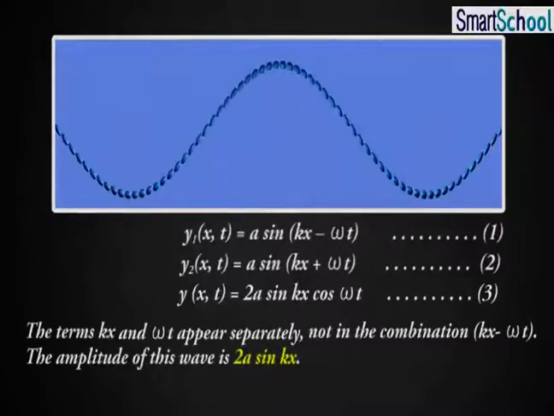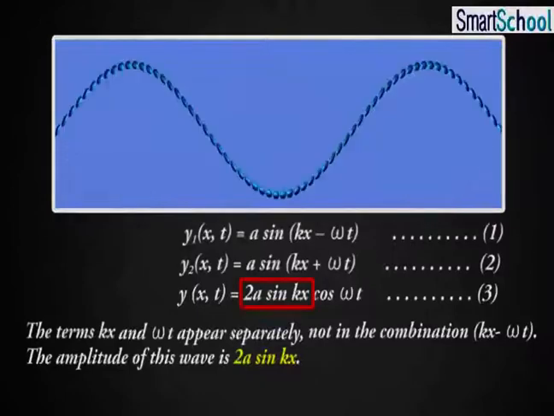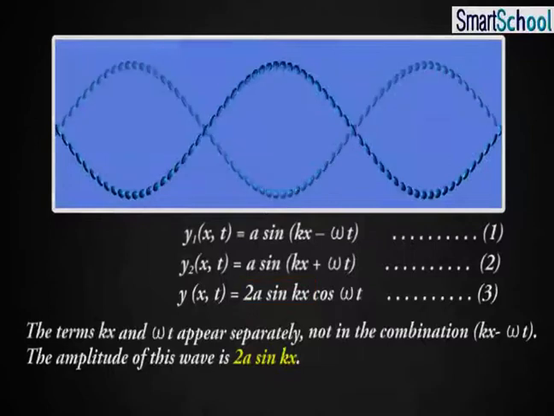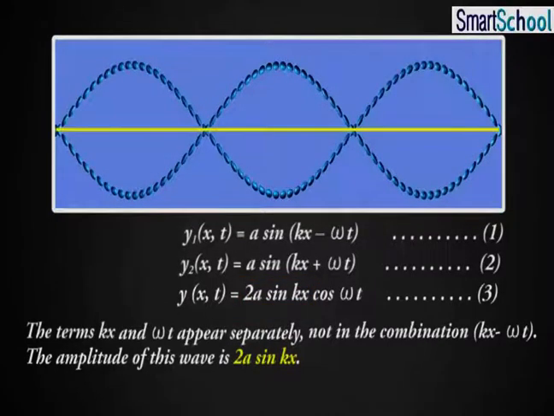The amplitude of this wave is 2a sin(kx). Thus, in this wave pattern, the amplitude is not constant but varies from point to point as a function of sine.